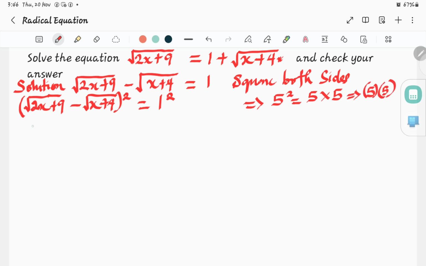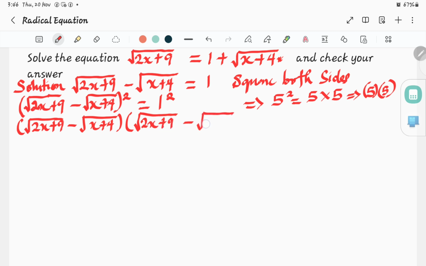So using that idea here, this is the same thing as 2x plus 9 minus x plus 4 in two places, that is, the square root of 2x plus 9 minus the square root of x plus 4, twice, equals 1 squared, which will just give us 1. All right, so easy. Let's start multiplying now.